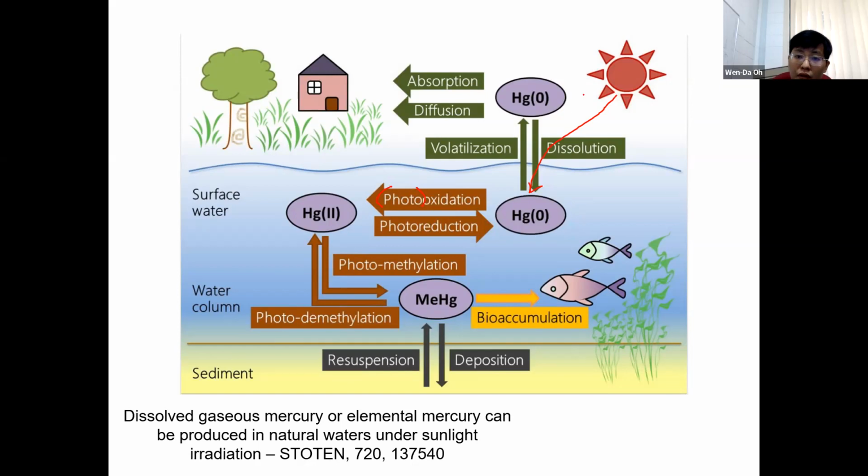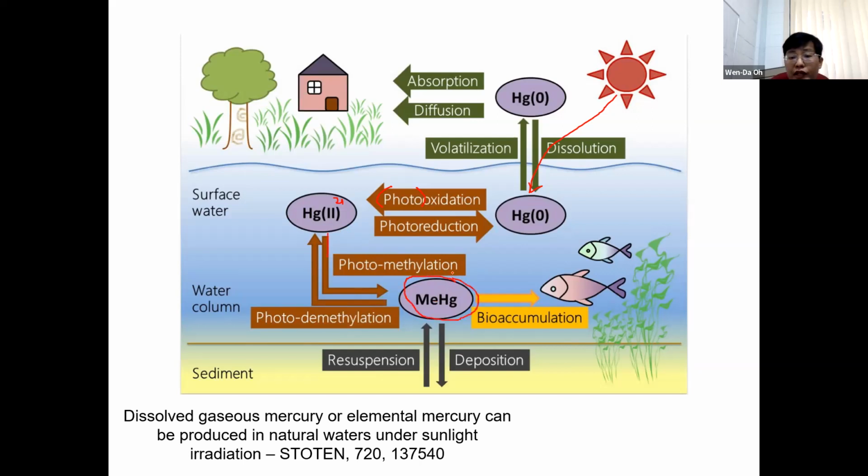So the sunlight can cause photooxidation of mercury 0 to become mercury 2+, whereas this mercury 2+ can become mercury 0 again through photoreduction, also requiring light, UVB. And mercury 2+ can undergo photomethylation to become a very harmful product, methyl mercury.